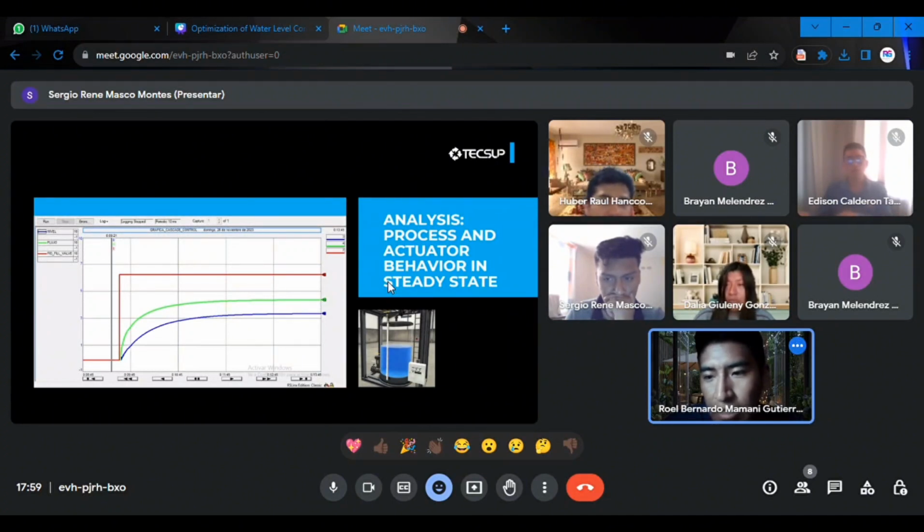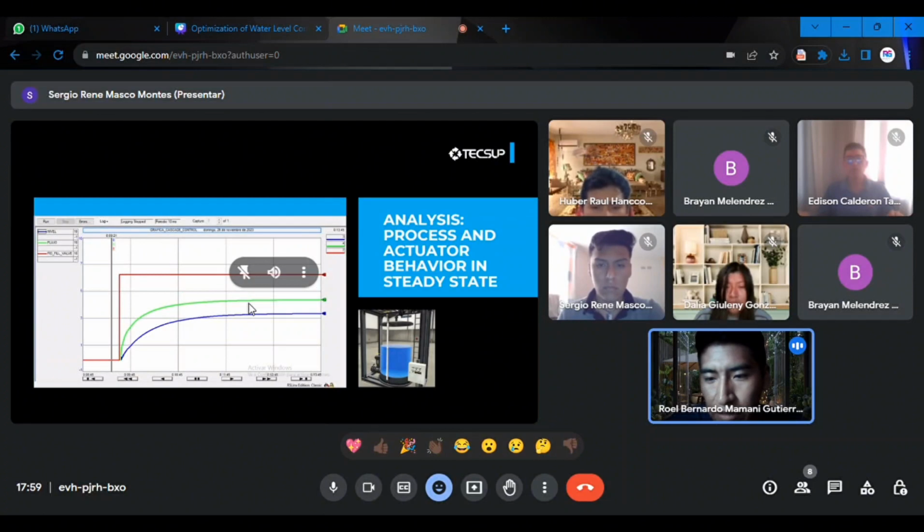Well, here I show the behavior of the flow and the level in steady state. This will help us later obtain the transfer function for the primary loop and the secondary loop of the cascade control.